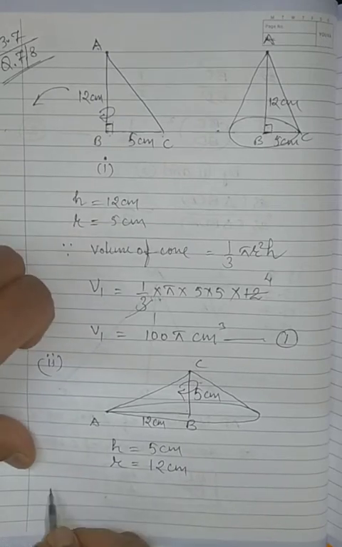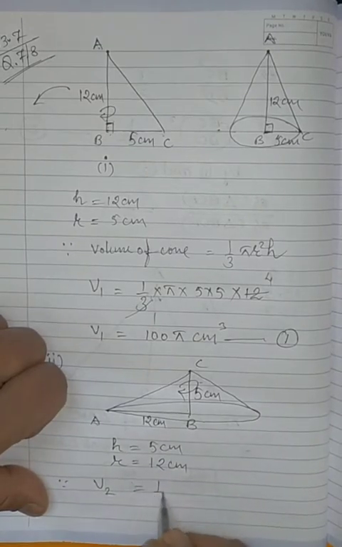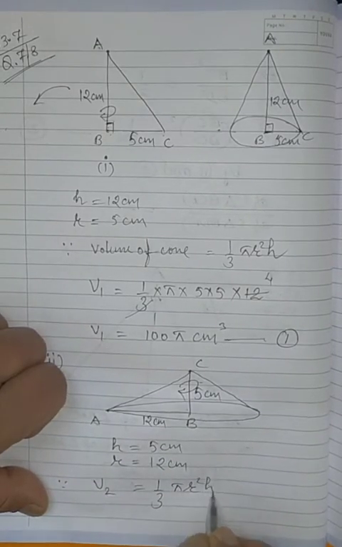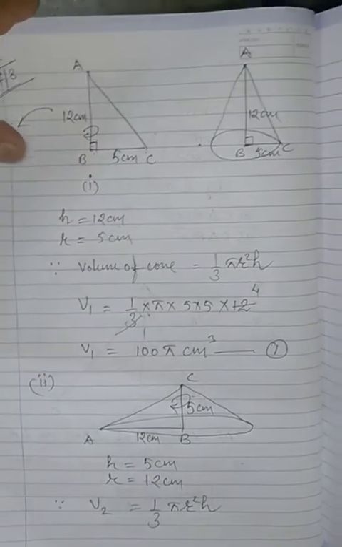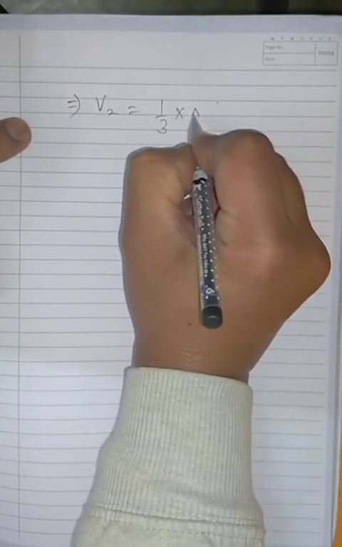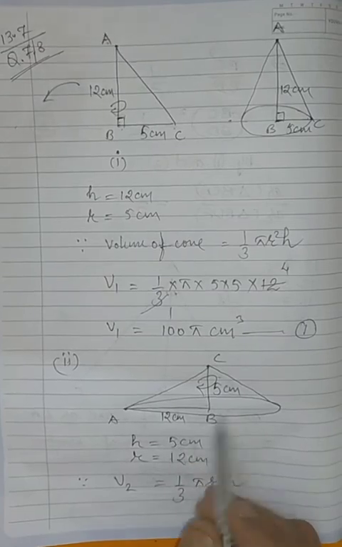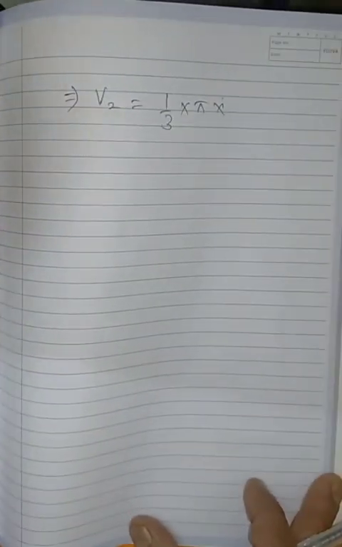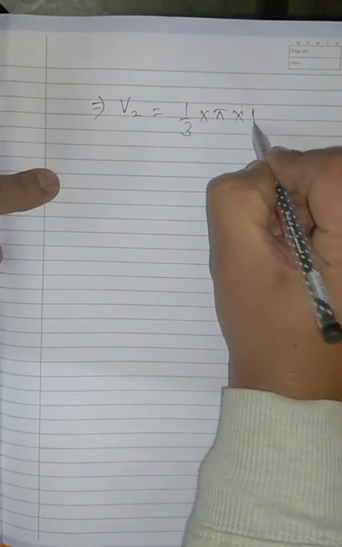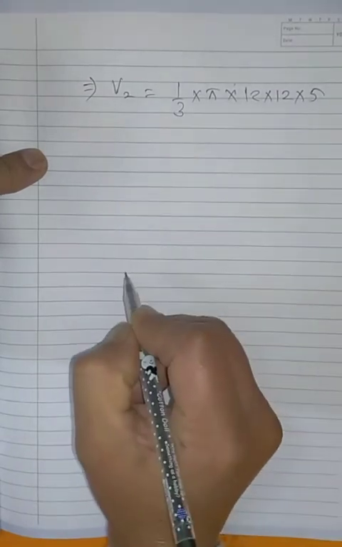Okay, that implies volume in this case, let it be V2, is equal to 1 by 3 pi r square h. This implies that volume V2 is equal to 1 by 3 pi, and as this time the radius r is 12 centimeter and height is 5 centimeter, (12 into 12 into 5).